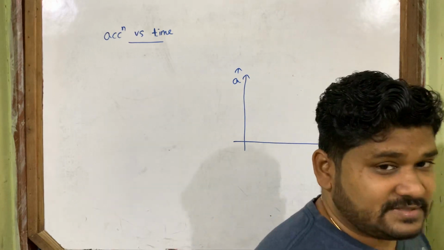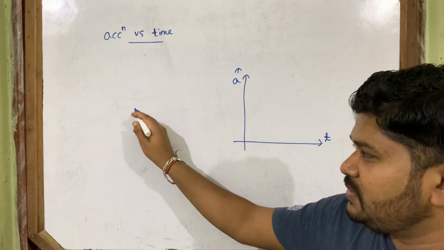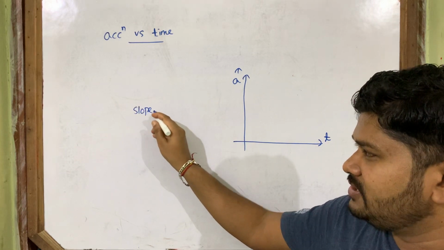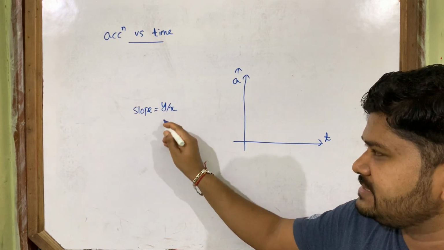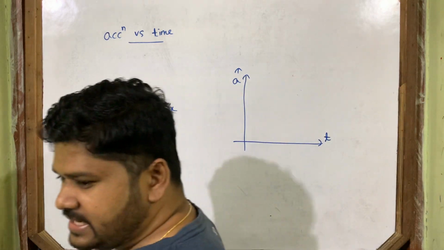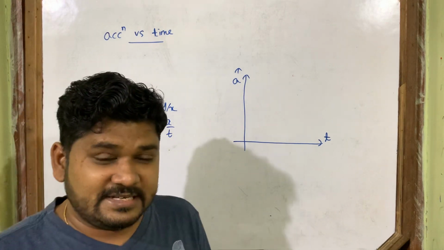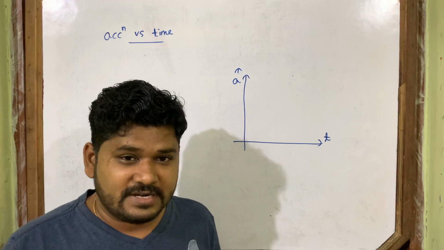After that, we will always see what its slope indicates. Slope is equal to y by x, meaning acceleration by time. Is there any quantity called acceleration by time? Do you know any quantity?